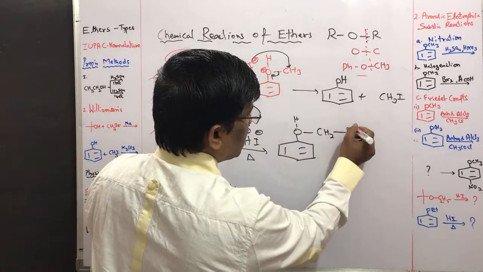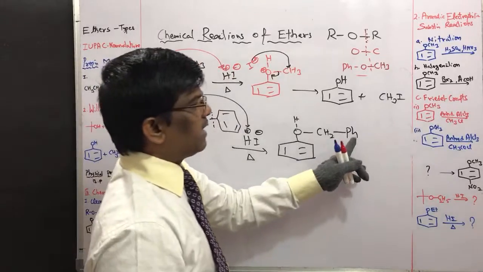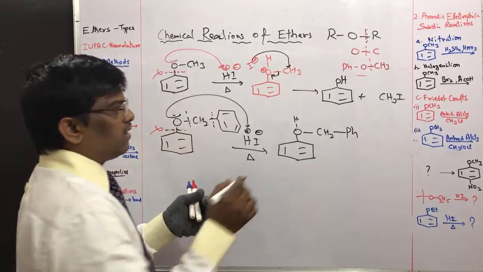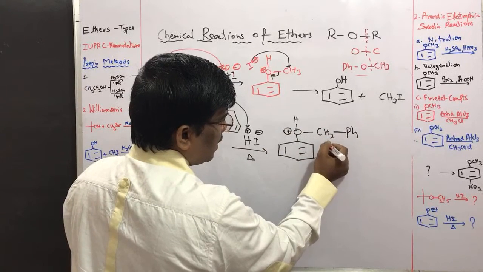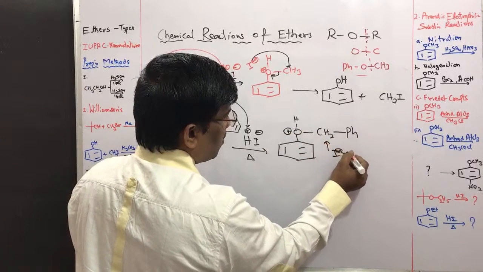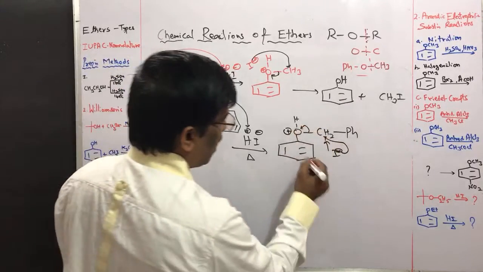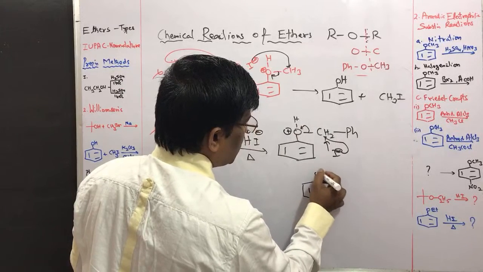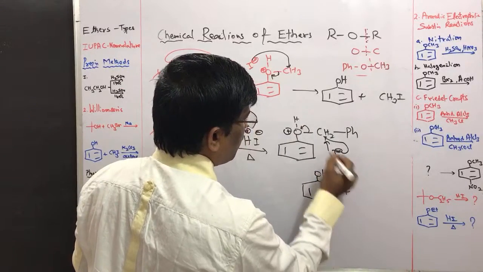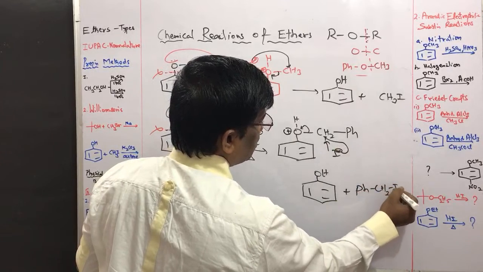Just write it as phenyl group instead of writing benzene group. So what can it follow? Yes, it is easy for iodide to enter from this side and lose this, and I am going to get phenol, here also phenyl. So benzyl ethers are also common protecting groups, phenyl, CH2, iodide.